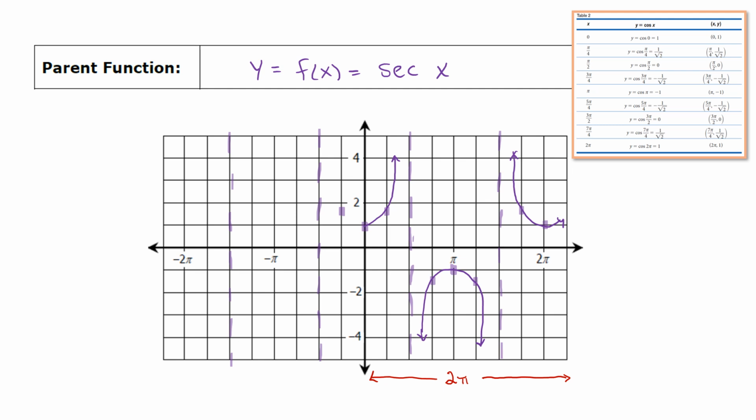Then we would have negative 1.4, negative 1, negative 1.4, asymptote, positive 1.4, and negative 1. Or sorry, positive 1. Positive 1. We're above the x-axis. So let's connect our points.